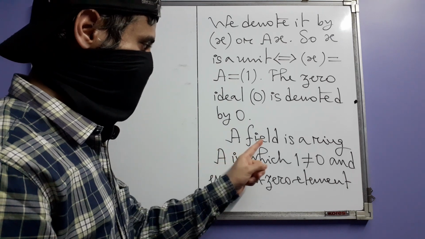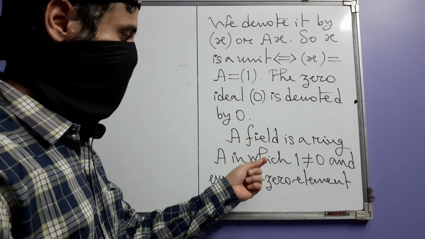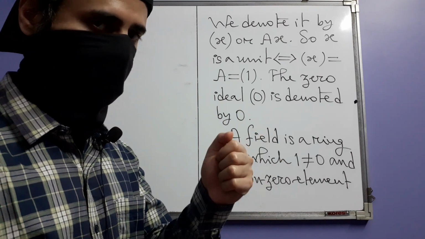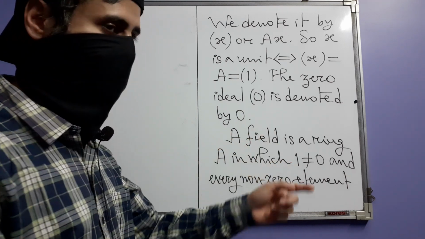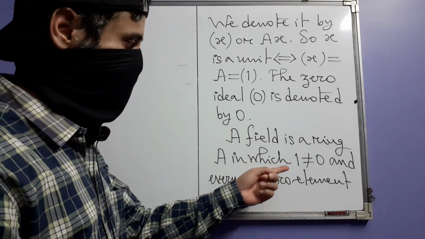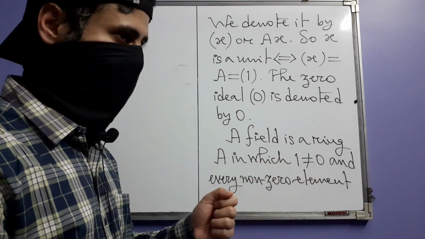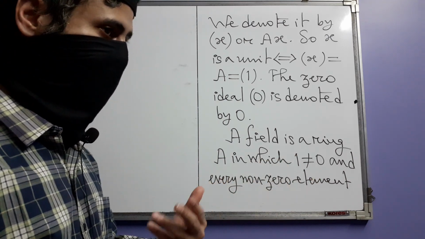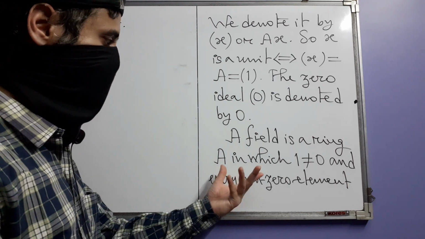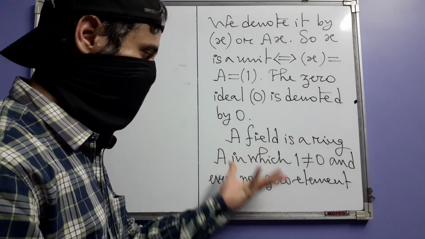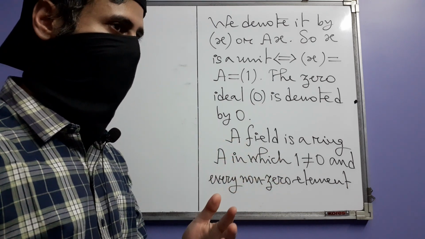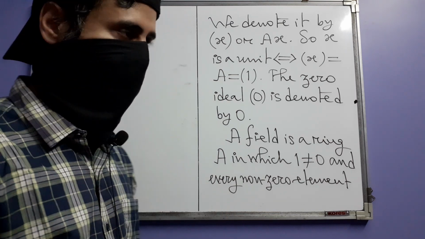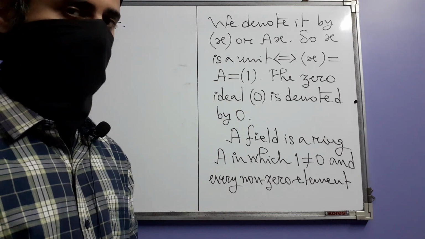Remember that our rings are by definition commutative, and have an identity element, which Herstein calls a unit element. So being non-zero and having this property automatically means that the non-zero elements in this system form an abelian group under multiplication, and that is why it is a field.